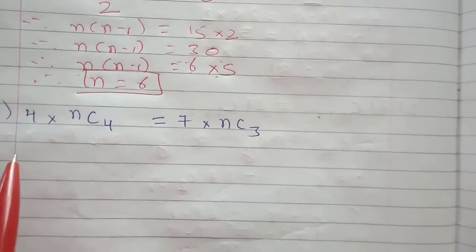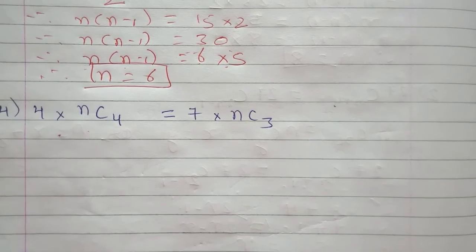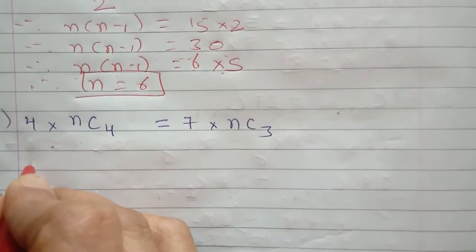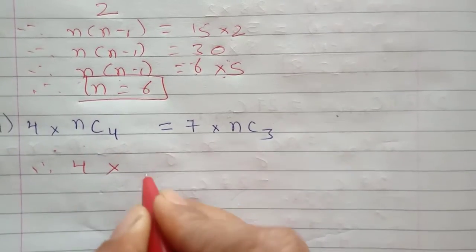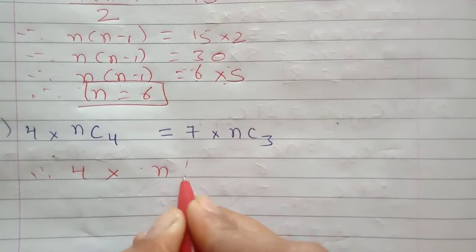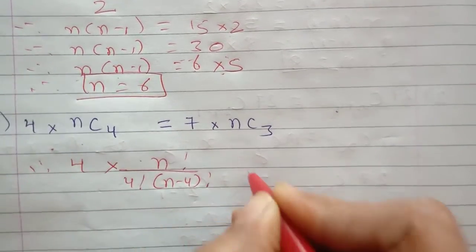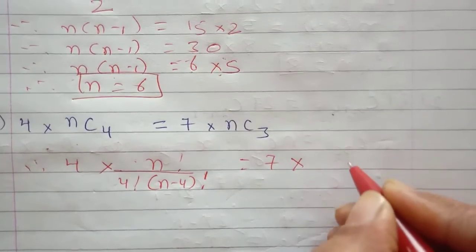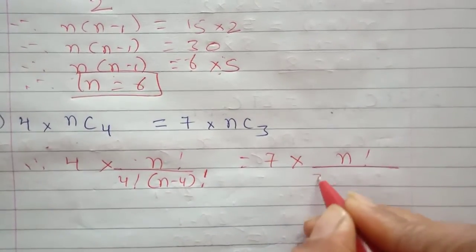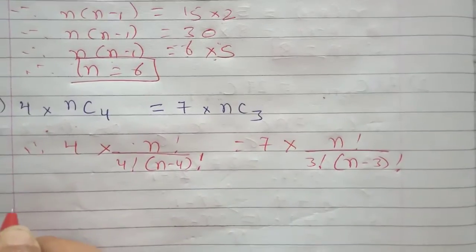Next question, that is 4 into nC4 is equal to 7 into nC3. So that is equal to, therefore 4 into, now nC4 will expand, that is n factorial upon 4 factorial into (n minus 4) factorial is equal to 7 into n factorial upon 3 factorial into (n minus 3) factorial.